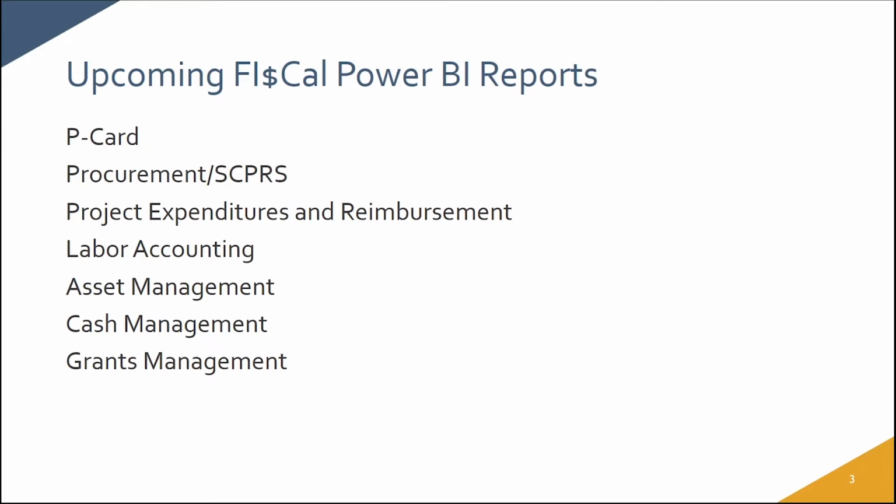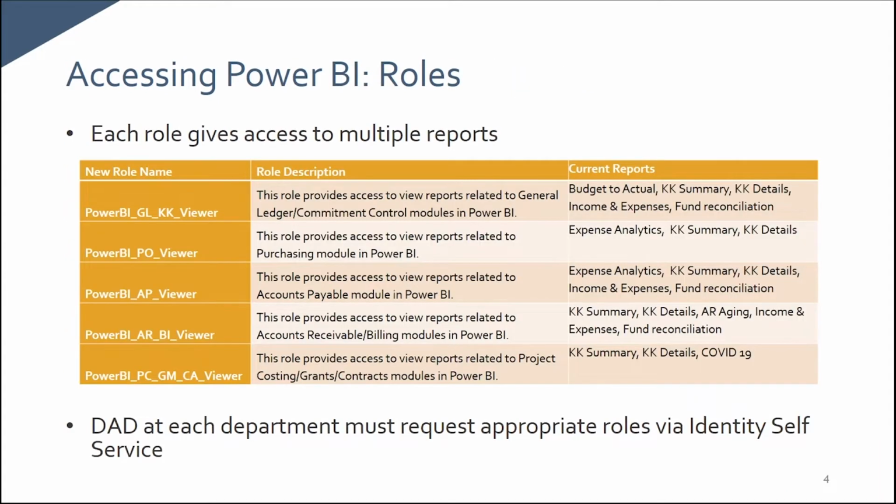That's great. So let's get to some nuts and bolts. Let's talk about user access, roles, how to get them, and once you get them, what do you do with them? Right. Okay, so to access Power BI, it's a 2-step process. And first you need the role.